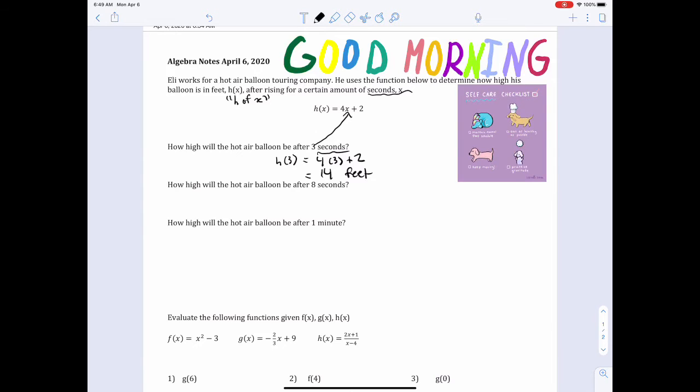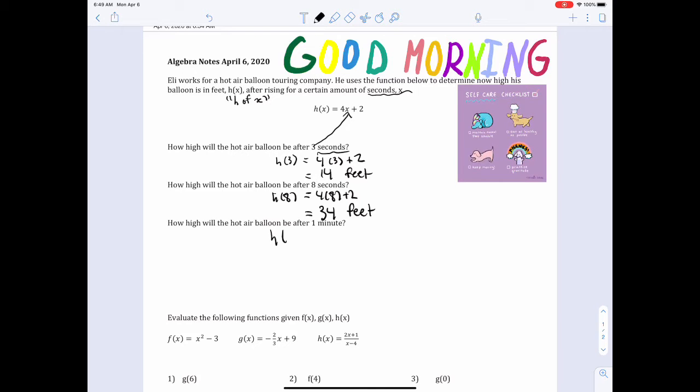All right. Next one, how high will it be after 8 seconds? So we're going to plug in 8 for x. So we'll get 4 times 8 plus 2. This is just like evaluating functions like you did on Thursday and Friday. So this will give us 34 feet. And then how high will the hot air balloon be after 1 minute?